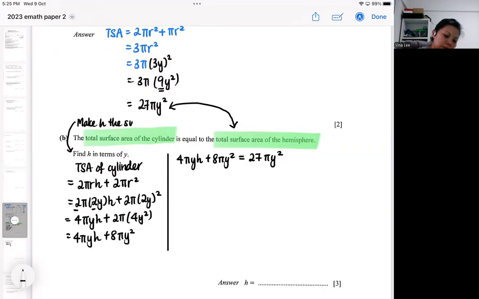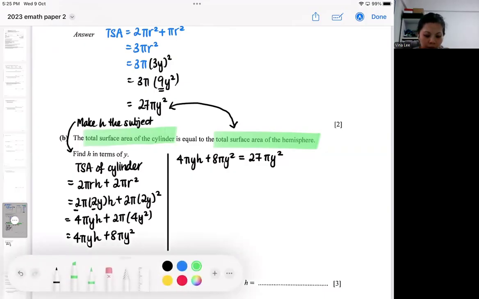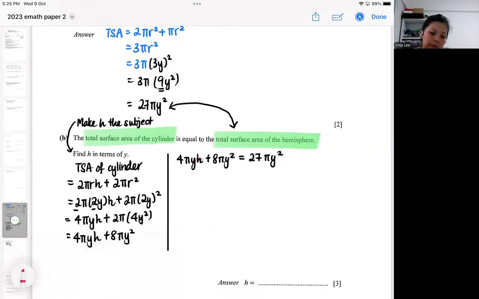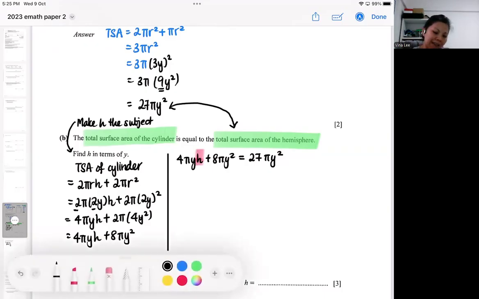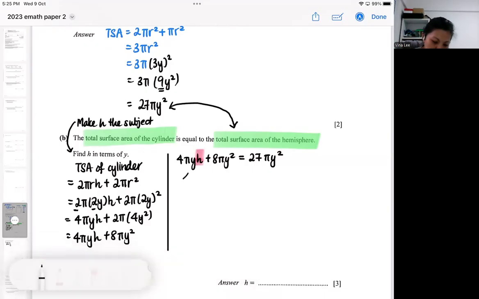So identify where is your subject first. Don't get confused by the number of symbols. So the h that you want is here. Okay, if you look carefully, every one of them has a pi. So if you want to make things less complicated, you can divide by pi first.